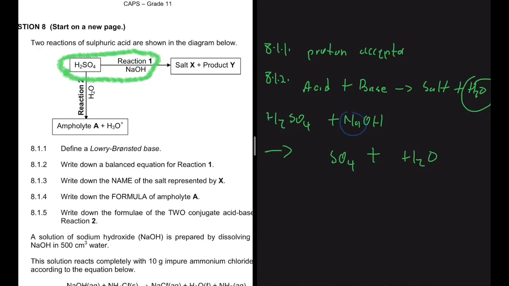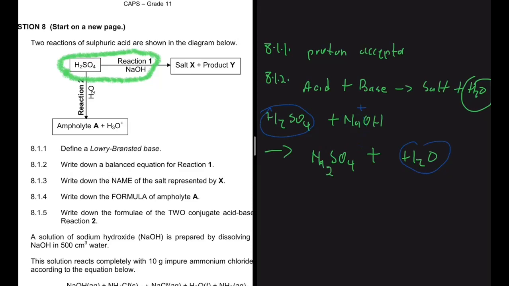The Na, which was accompanying the OH that turned to H2O, will be here with SO4. It will be our salt. But I want you to realize something. Since H2SO4 lost 2 hydrogens, it will now be SO4 2 minus, and Na is only plus, so we're going to need 2 Na. So we're going to have Na2SO4 plus H2O.